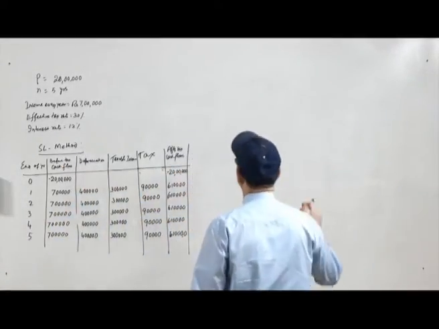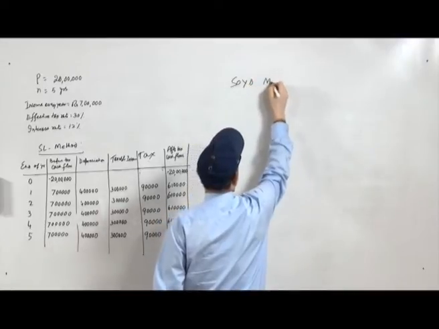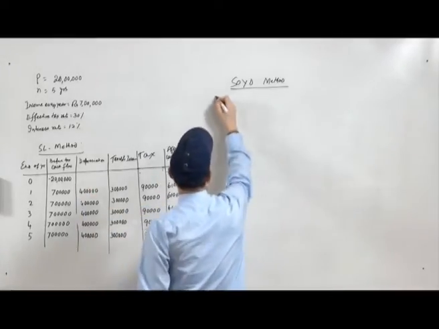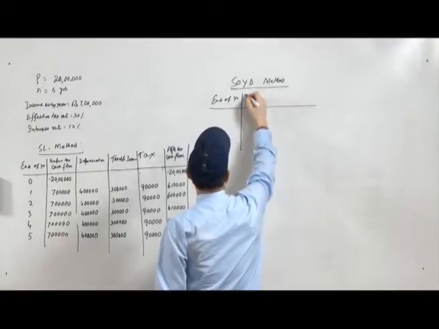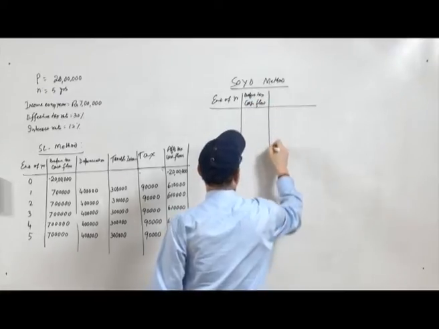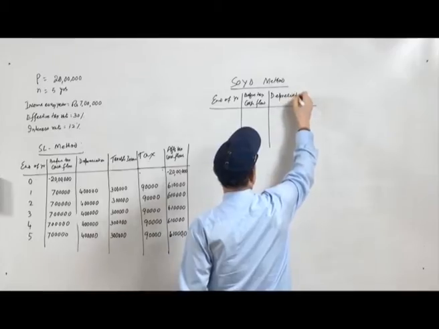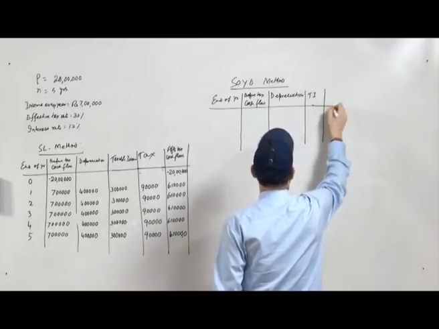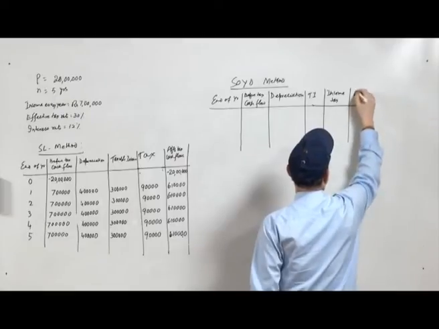Now, let us see the SOYD method. Again we will have the same table: end of year, before tax cash flow, depreciation, taxable income, income tax, and after tax cash flow.